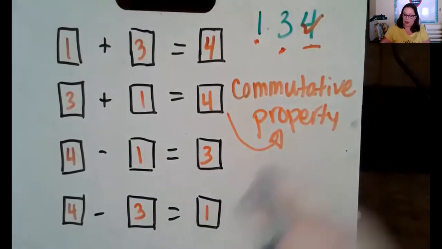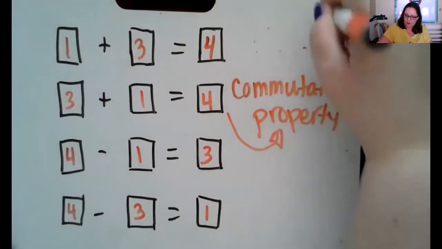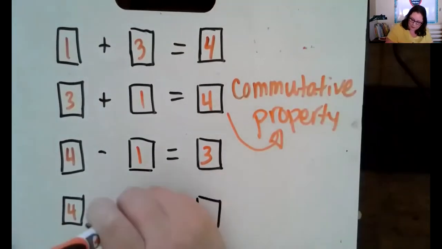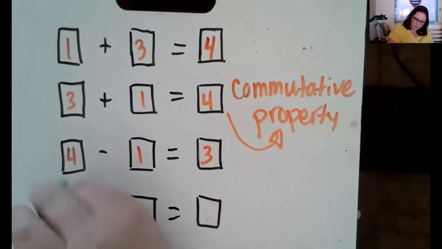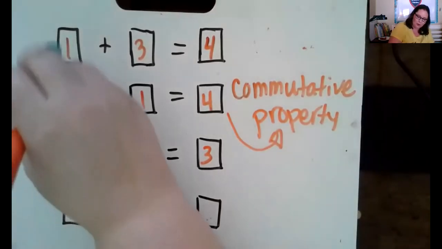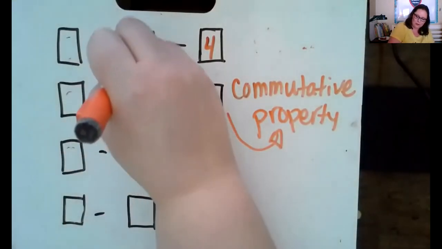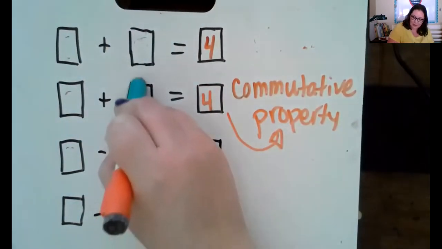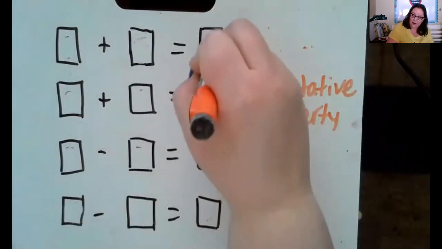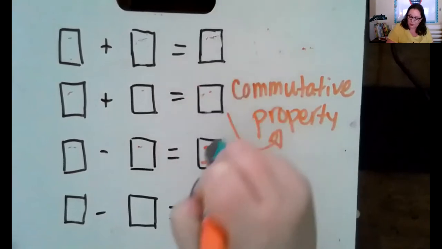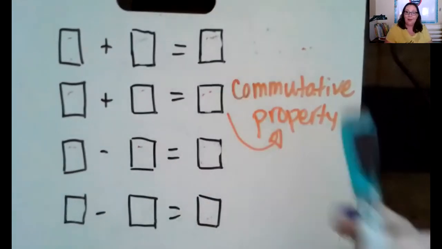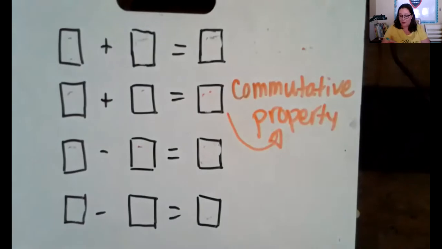All right, let's try it with another set of numbers. This time, we are going to use the numbers 8, 5, and 3. You can do this with any 3 numbers. It doesn't matter.